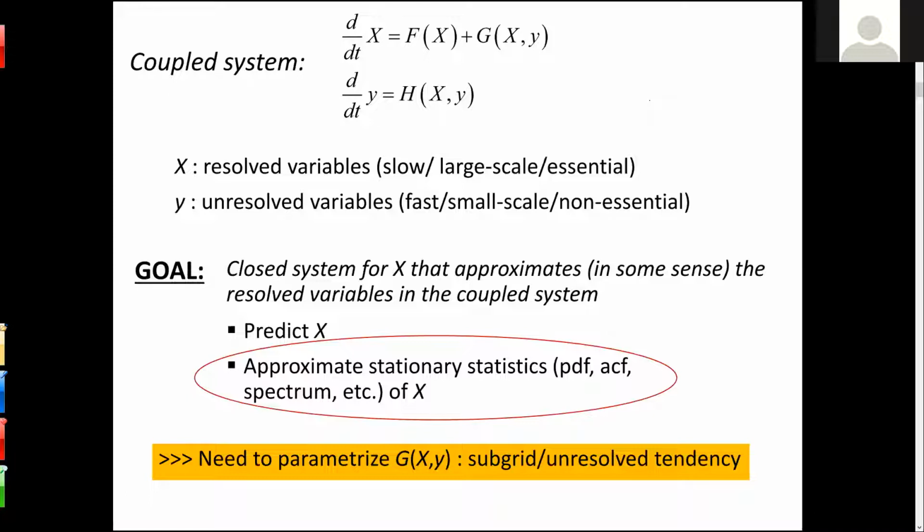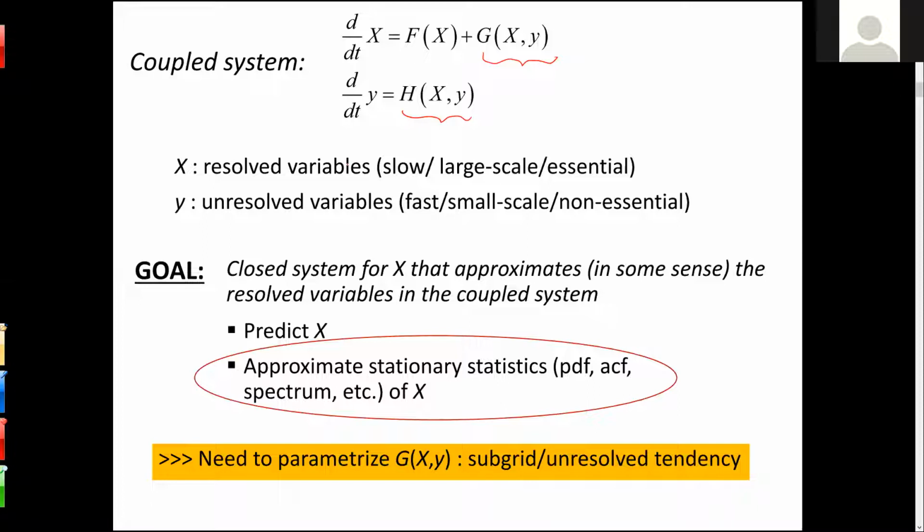F and g can be vector valued functions, and h also. So f of x represents the interactions among the resolved variables. G of x, y represents the interactions between your unresolved and resolved variables. And h represents the dynamics, or the evolution, of your y variables.